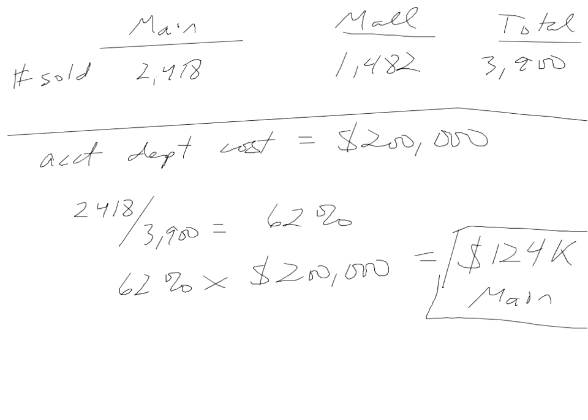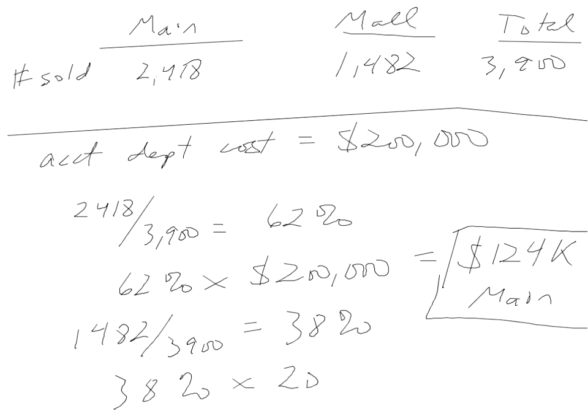And then for Lakeland Mall, you do your 1,482 divided by 3,900, and that gives you 38%. And then you do 38% times your $200,000, and that gives you $76,000 for the mall.